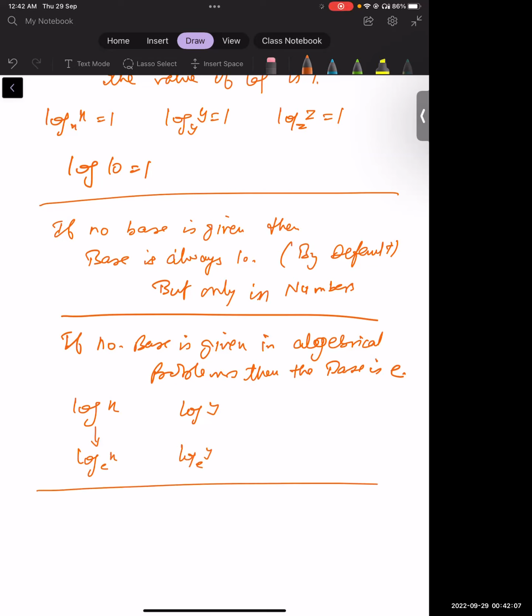If you are studying mathematics, like in differentiation or integration, have you ever done differentiation, integration? In that case, the base is not 10, the base is e, exponential. E stands for exponential.